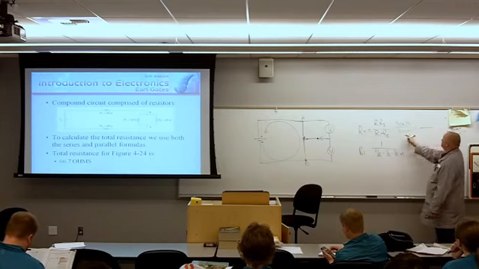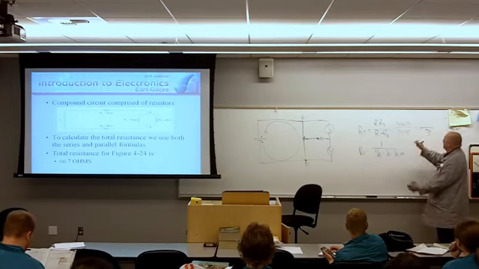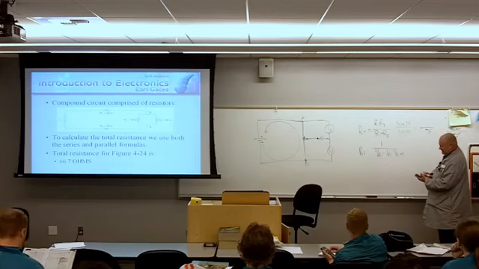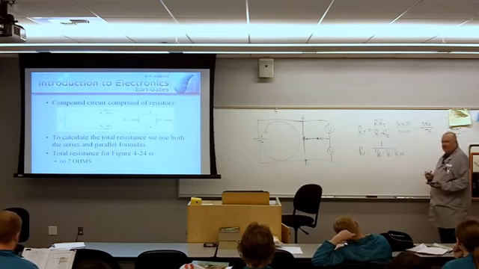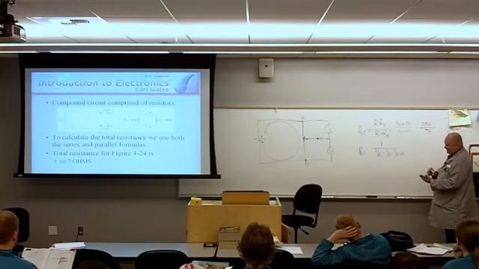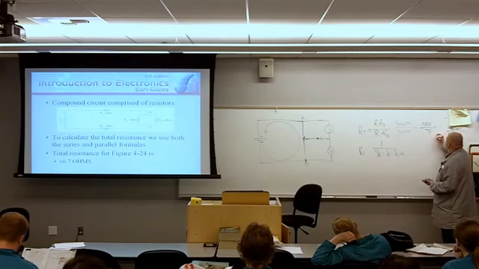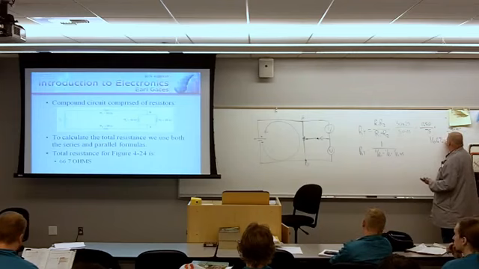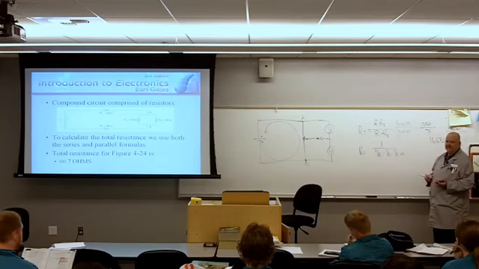I could do 50 plus 25 in my head, that's 75. And 50 times 25 equals 1250. So 1250 divided by 75 equals 16.67 ohms. So does everybody see how I did that?